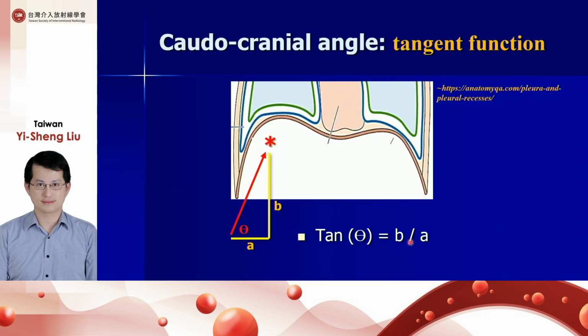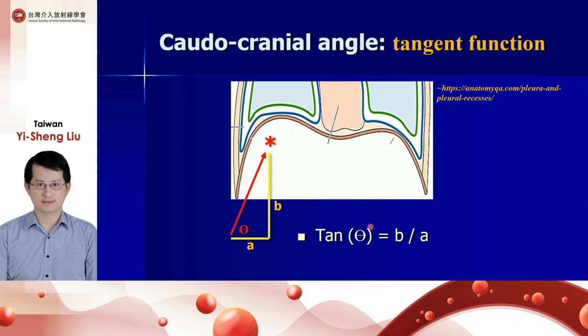And how can we know the caudocranial angle for each case? When we decide the skin puncture site, we can know the lesion depth on axial images. That's distance A. And by the serial images, we can know distance B, the lesion from the skin puncture site. Then we do the mathematics, the tangent function.